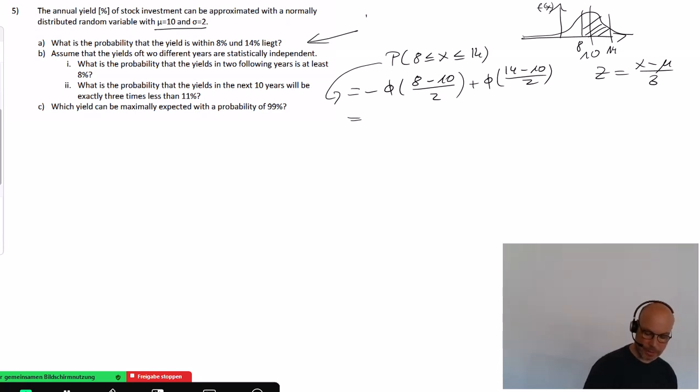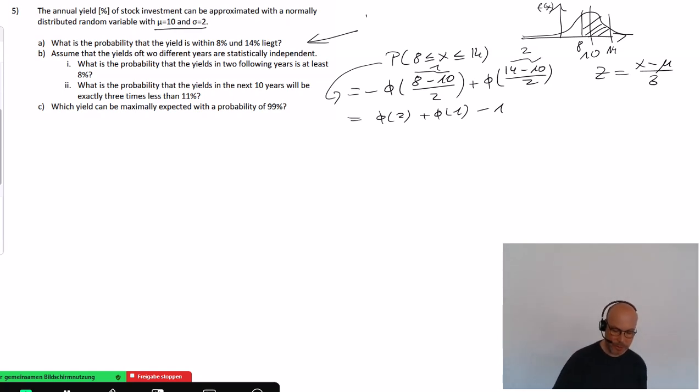And this is again minus 1. So we obtain, this is 1 and this is 2. We obtain phi of 2 plus phi of 1 minus 1, using again the symmetry of the normal distribution.